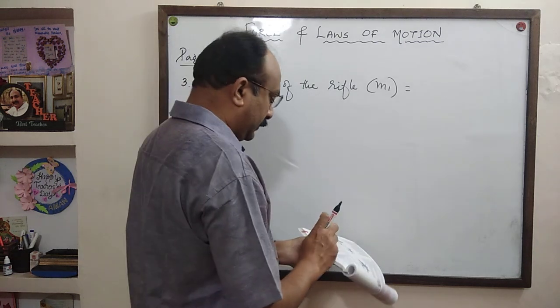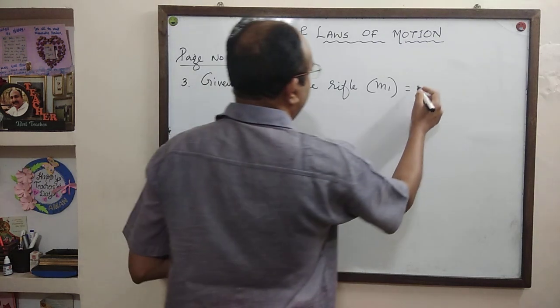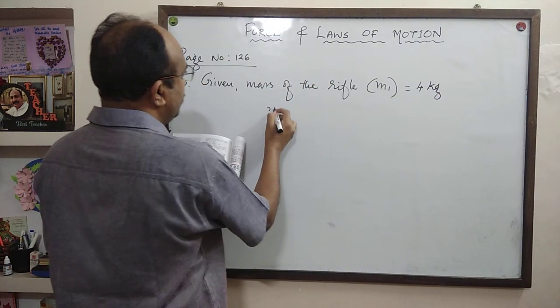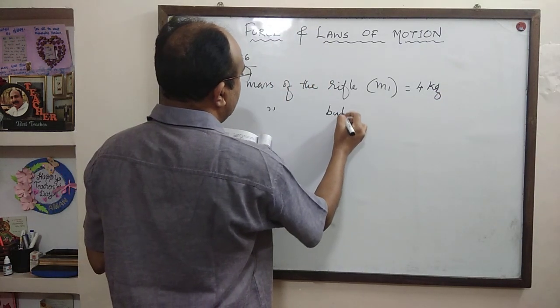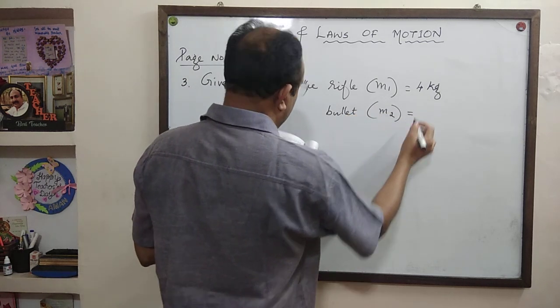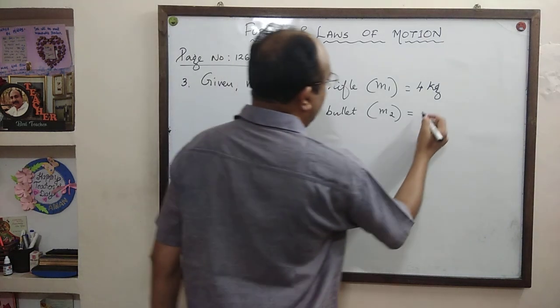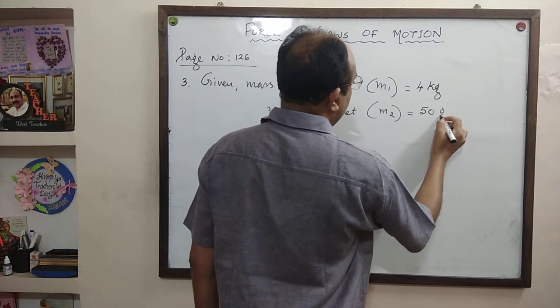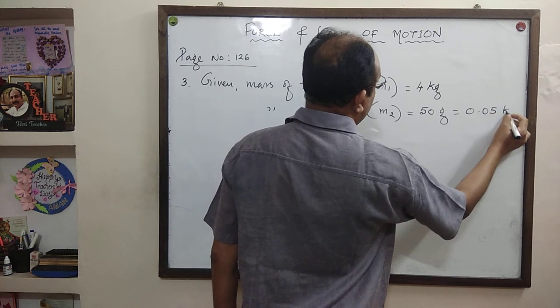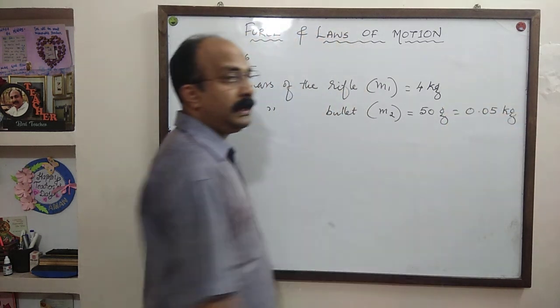So M1 equal to 4 kg. Mass of the bullet, which is M2, is equal to 50 gram, is equal to 0.05 kg. Both must be in kg.